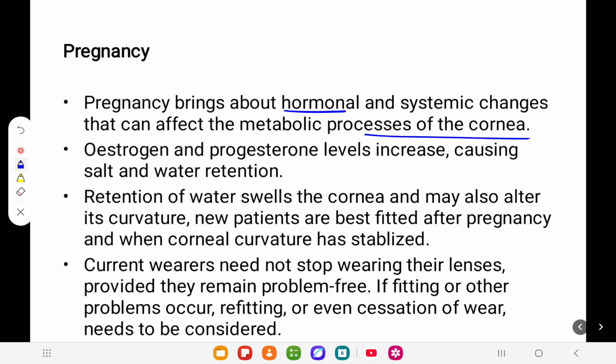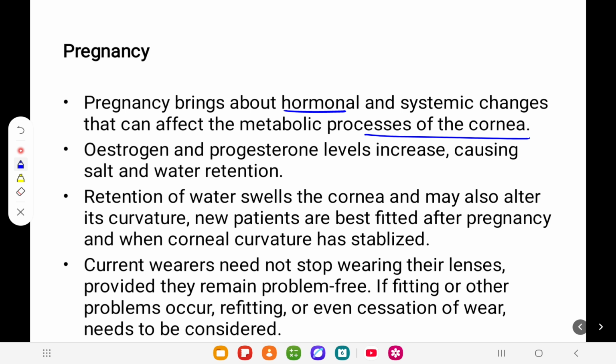Pregnancy means retention of water, which swells the cornea and may also alter the curvature. A patient is best fitted after pregnancy, when curvature has stabilized. That's why it's better not to fit during pregnancy or during a level of hormonal fluctuation. It's always better after pregnancy, when curvature is stabilized and corneal swelling has gone back to normal.